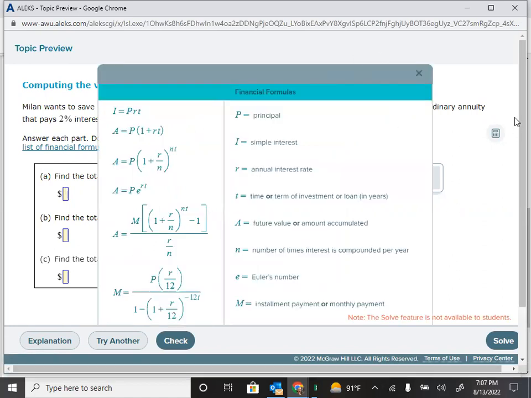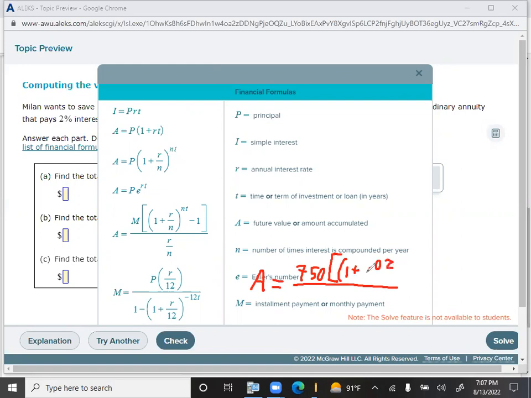Got it. Okay, so let's start writing. So 750 bucks, that's the payment, that's the M. Then we're going to go 1 plus an interest rate of only 2%. And he's only doing this annually, 1 time per year, so N is 1.